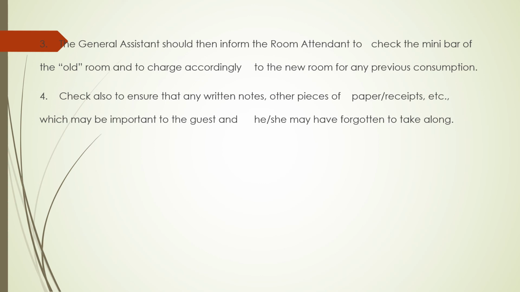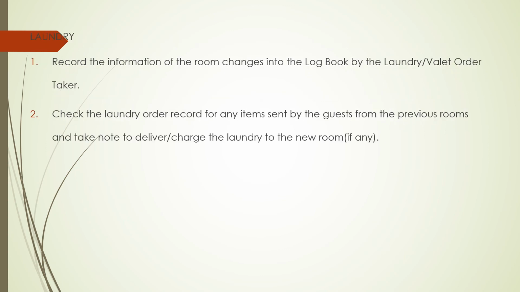The general assistant should then inform the room attendant to check the minibar of the old room and to charge any previous misconsumption accordingly to the new room. Check also to ensure that any written notes, pieces of paper, receipts, etc., which may be important to the guest, have not been forgotten.